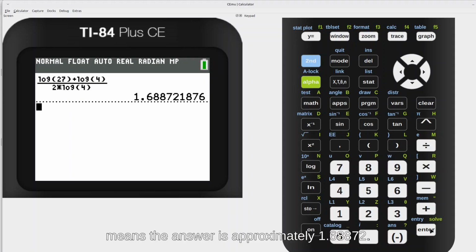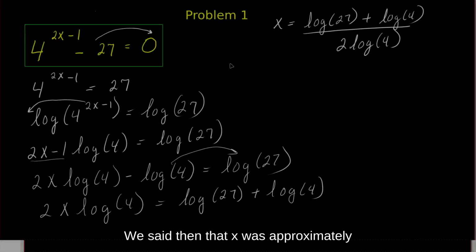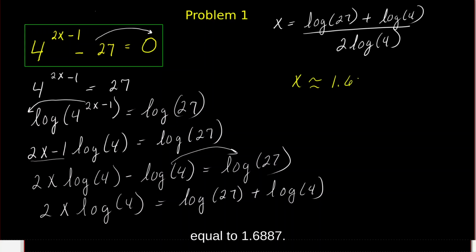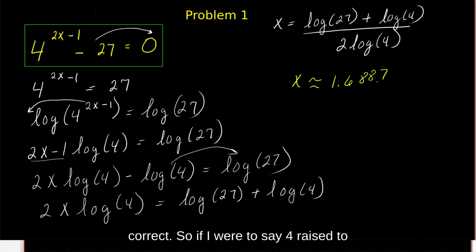So that means the answer is approximately 1.68872. We said then that x was approximately equal to 1.6887. So let's check this to see if it's correct.